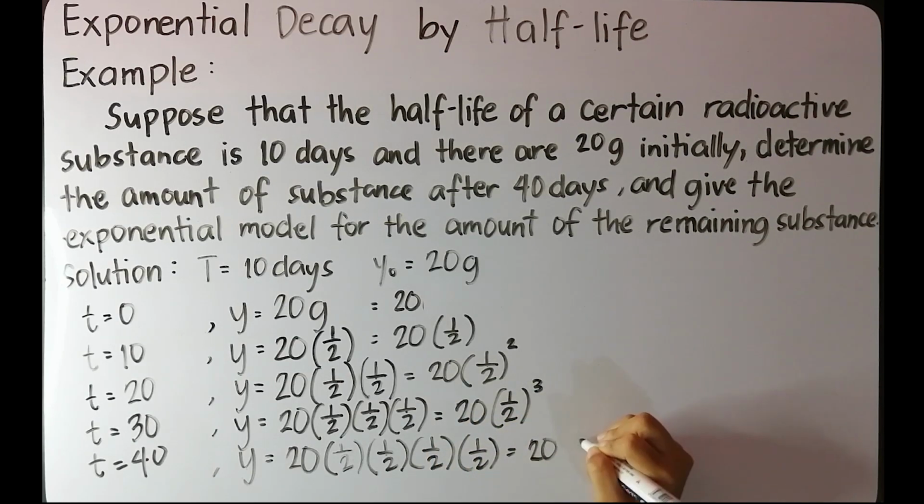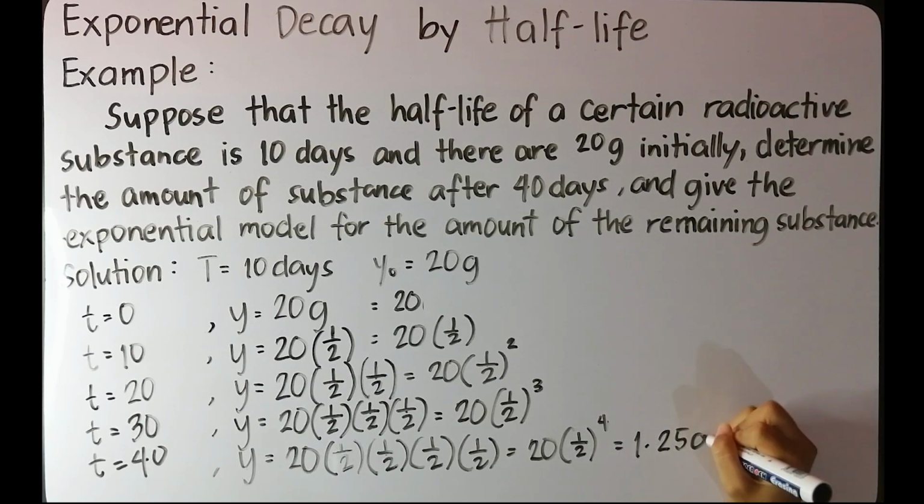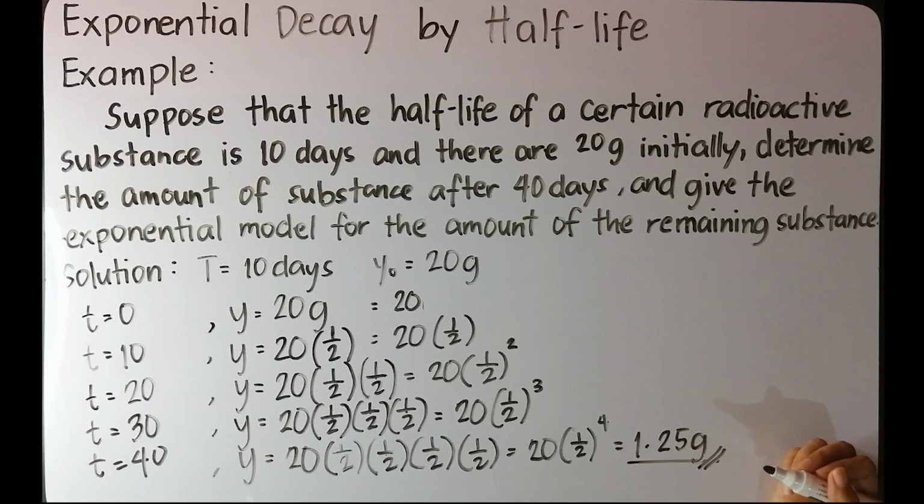So we have 20 times 1/2 raised to 4, which is equal to 1.25 grams. So after 40 days, you will have a remaining 1.25 grams of radioactive substance.